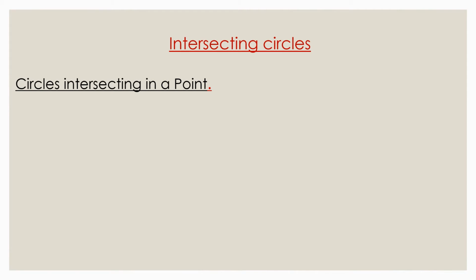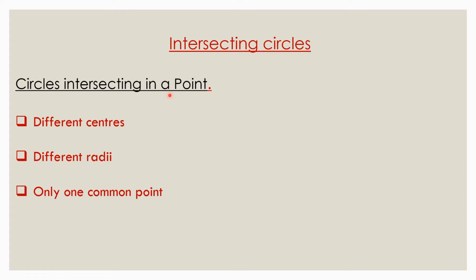Next one is the intersecting circle. There are the two types of the intersecting circle. First one, circle intersecting in a point and second one, circle intersecting in 2 points. Here how the circles are intersecting in a point. The conditions are the circles having the different centers and different radii and circles are intersecting only one common point.